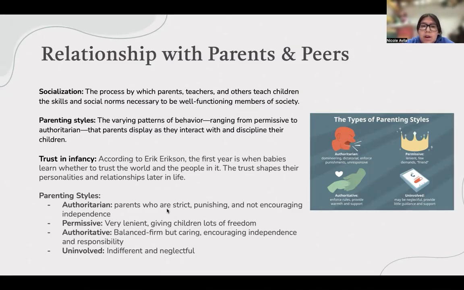Next we have permissive, which is very free, where this kind of parent gives the child a lot of freedom to do whatever they want, anything that they want to have.